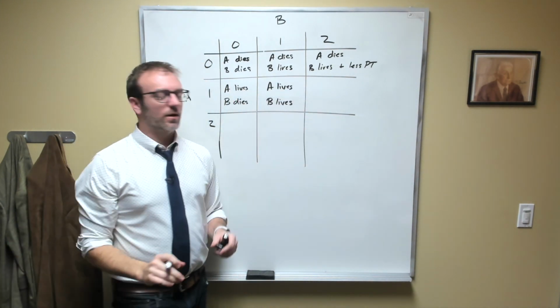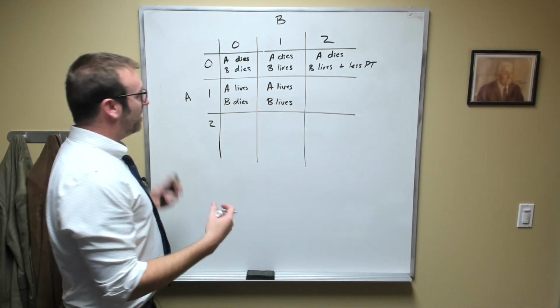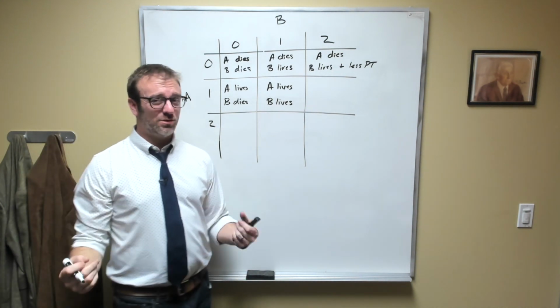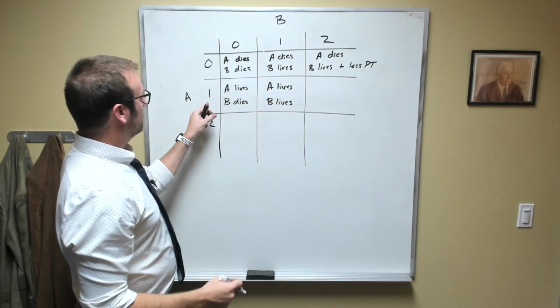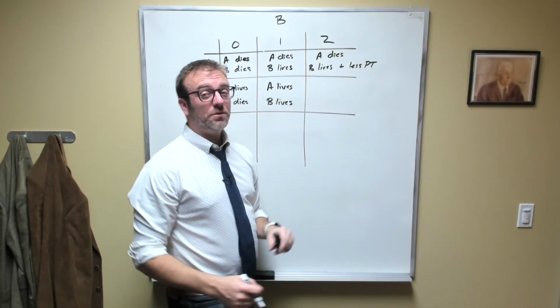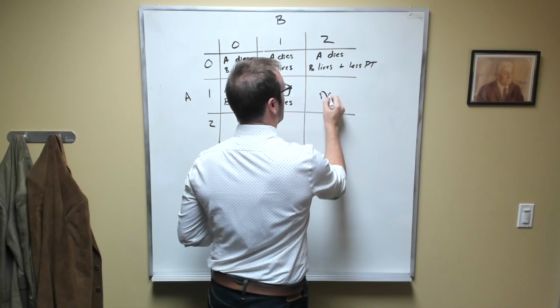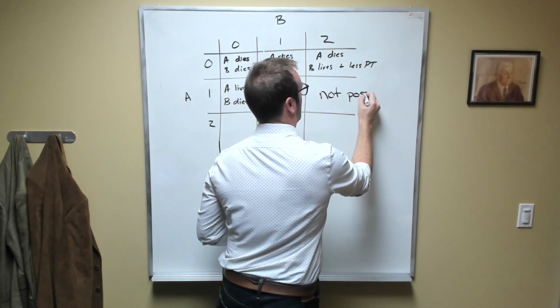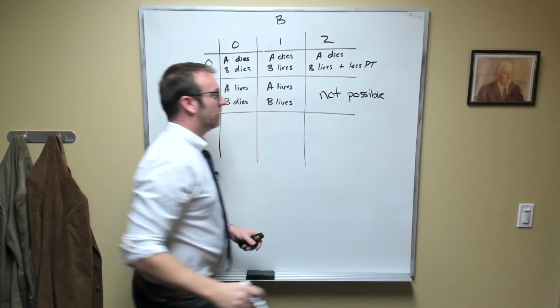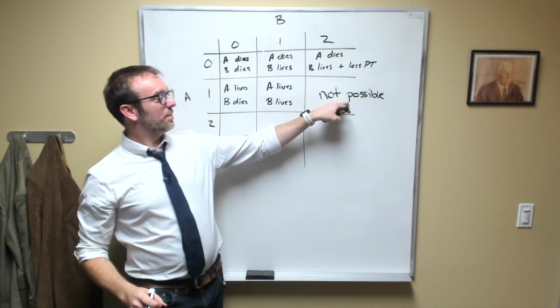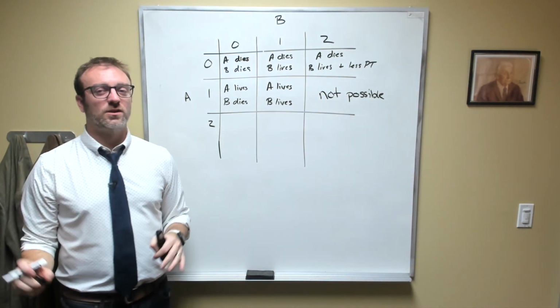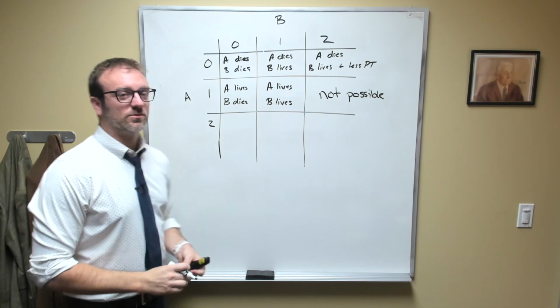And as it turns out, the answer is no. Because again, there are only a total of 2 doctors, and if A were to get 1, that leaves only a maximum of 1 for B. And so this is not possible. And again, I want to stress this is not possible in the context where there are only 2 doctors.